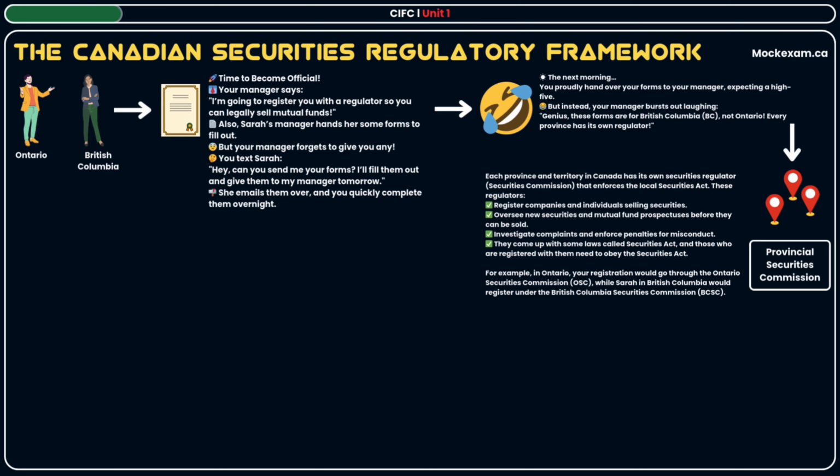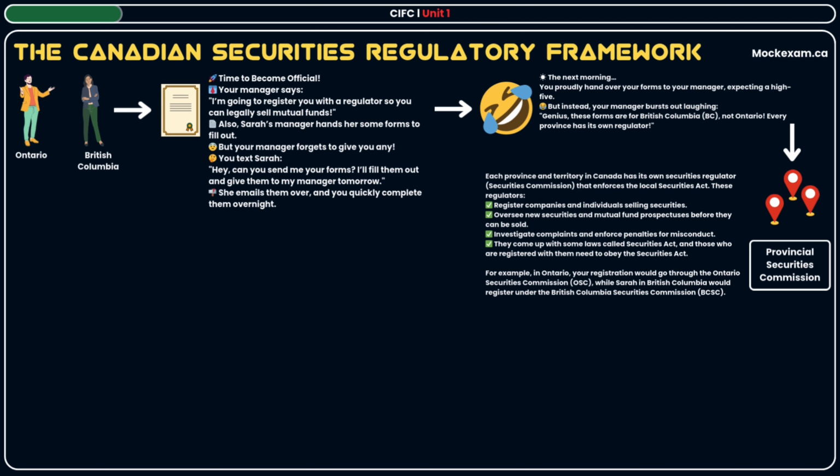The next duty is that they oversee new securities and mutual fund prospectuses before they can be sold. Firms can't just come up with a security and sell it to investors. The Provincial Securities Commission needs to evaluate and assess the reliability of that security first, and then that firm can sell it to the investors.